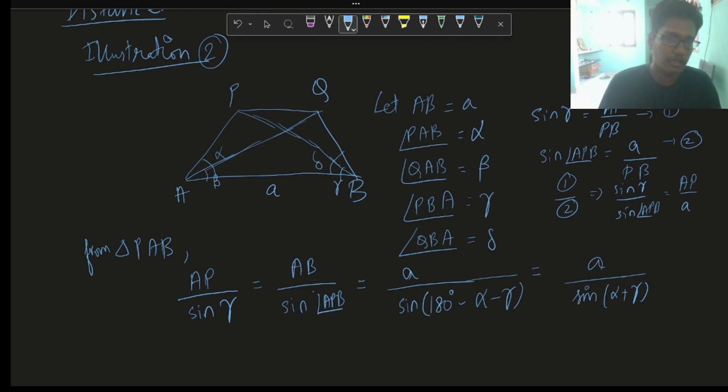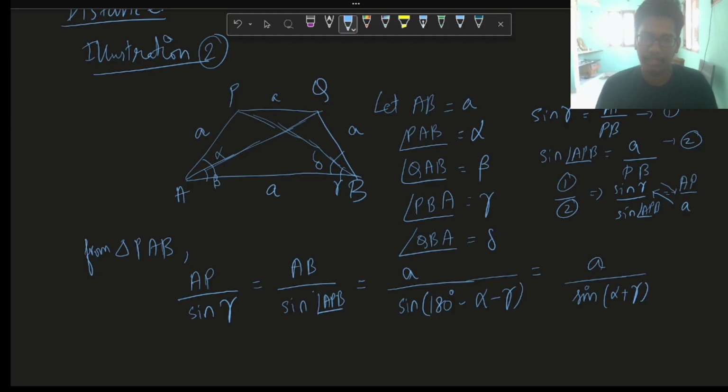Okay. So now I can rearrange this by transposing A to this side and sine gamma to this side. I would get AP by sine gamma equal to AB by sine APB, where AB is A, which is also equal to A divided by sine of, I'm just substituting the equations accordingly. AP and AB would be the same in a rhombus, so I'm just putting it like that.